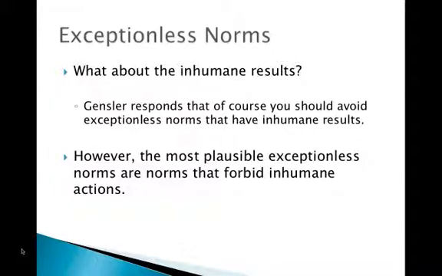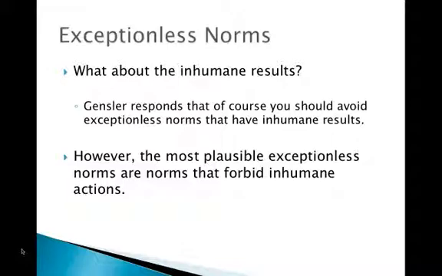Well, what about the challenge of inhumane results? So, for example, telling the truth to a Nazi when you've got Jewish persons in your attic. Or I can think of other scenarios. Killing innocent people to relieve 1 million people of an itch. Whatever. Gensler responds that, well, you should avoid a norm that has inhumane results.